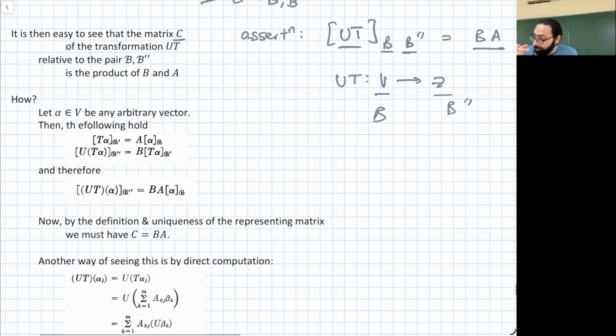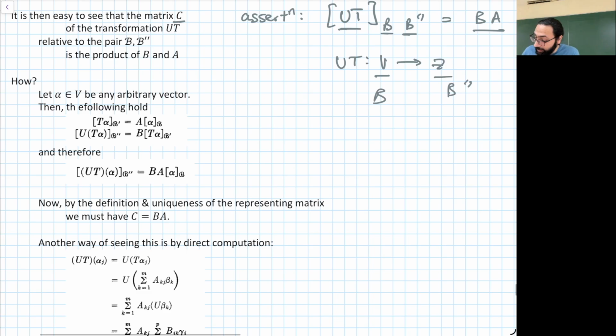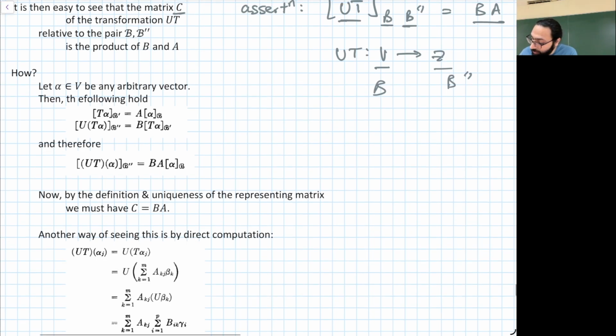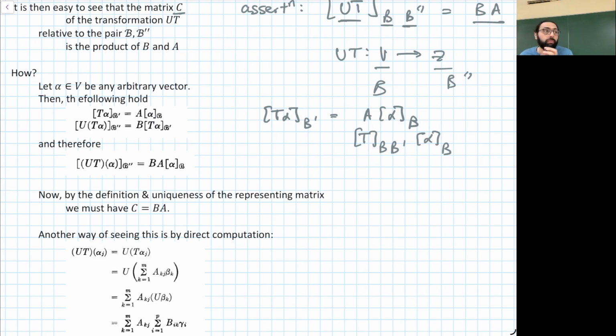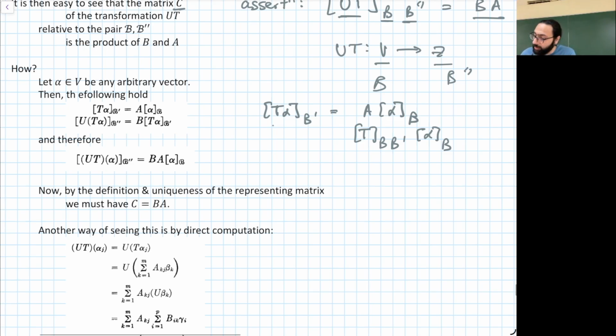All right. So how do we see that this is actually the case? Let's go through it. We have that T alpha relative to B prime is the same as A acting on alpha relative to B. Is that okay? Because A, remember, was just the representation of T. So this part is fine.